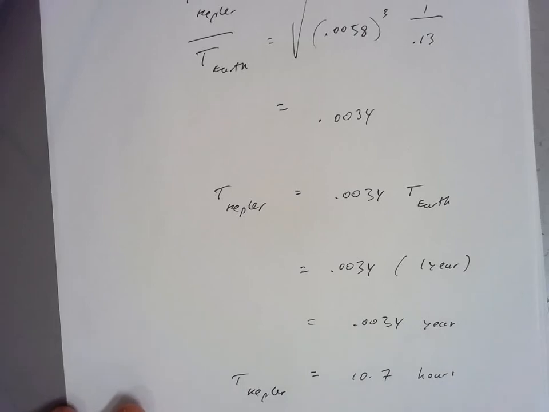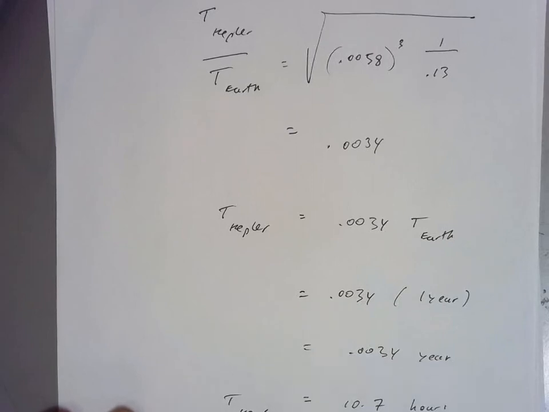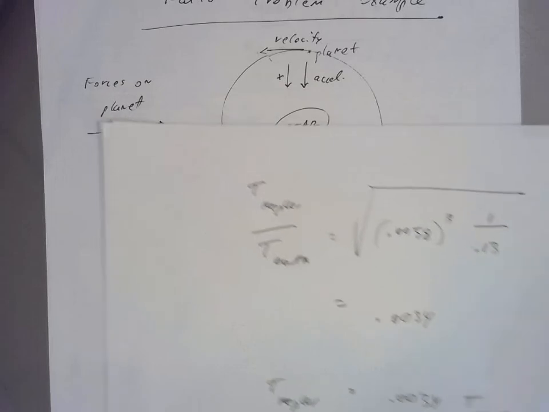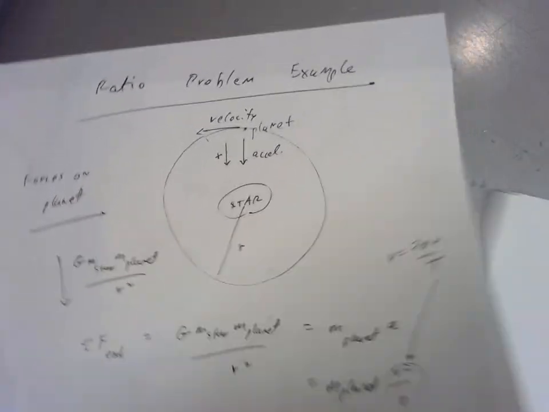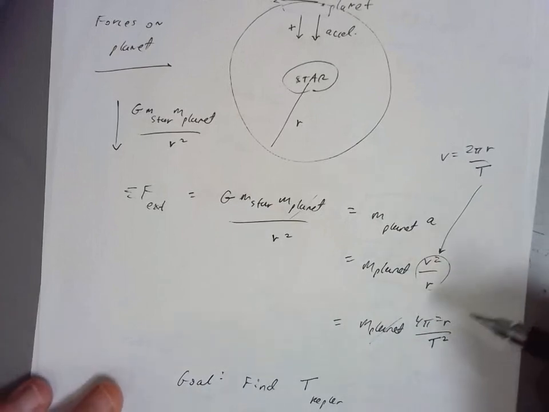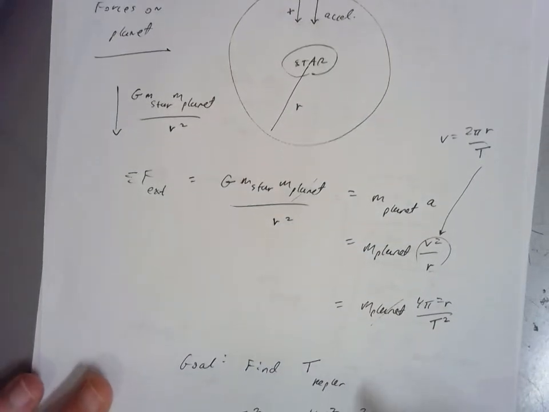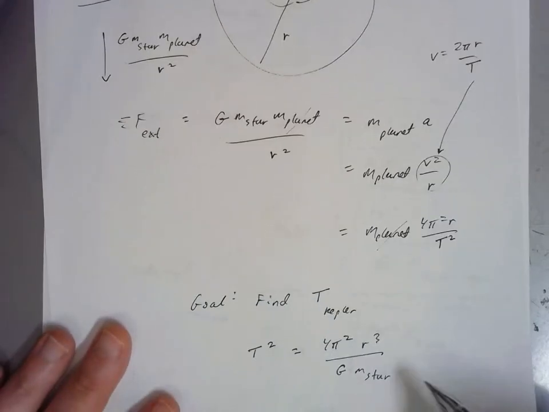So we have worked through a complete ratio problem. The key point is you want to set up your knowns as ratios. You want to solve your physics equation, whatever that might be, a DVAT, or in this case a net force problem. You want to solve that once for your unknown, which in this case was the period.